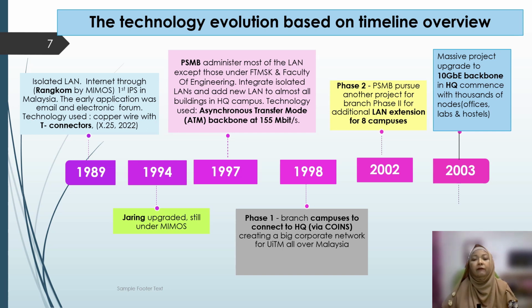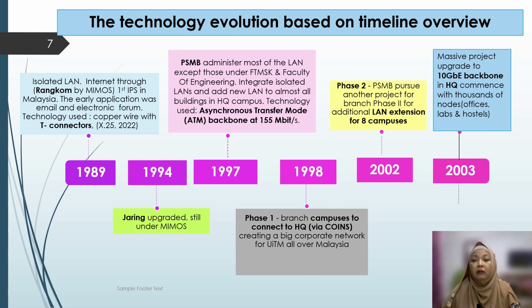For some of the branch campuses, we subscribed to Coins, which is the ISP provider. We leased lines, what we call leased lines, just to connect some of the UiTM branch campuses.